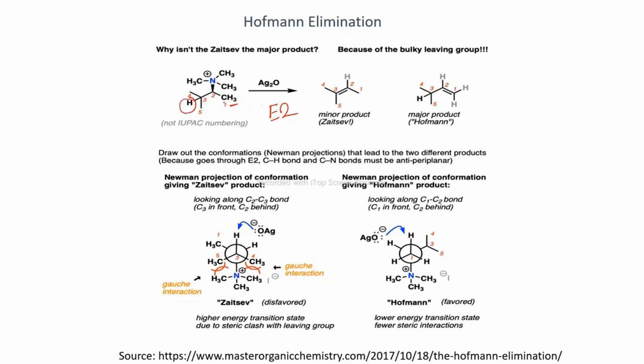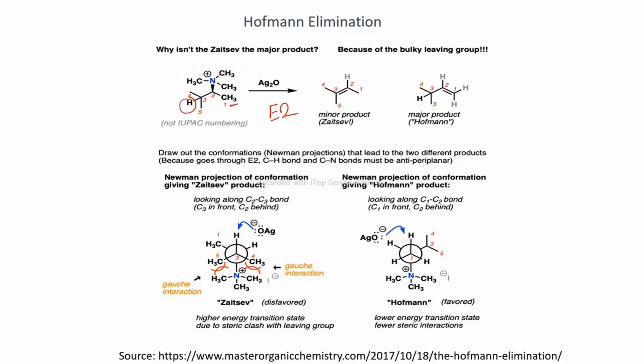If this other hydrogen is abstracted by AgO minus, that product will be less substituted. That is called the Hofmann product. So less substituted means Hofmann product, and more substituted means Zaitsev product. We have to remember that.